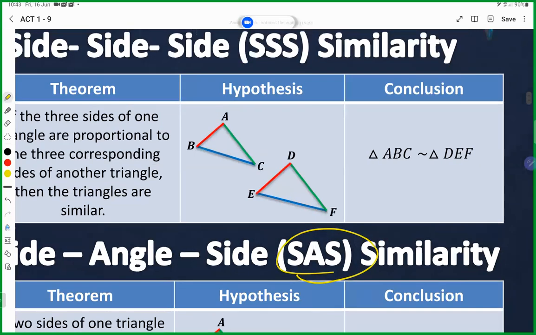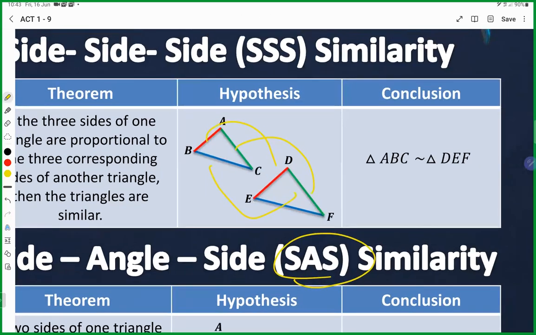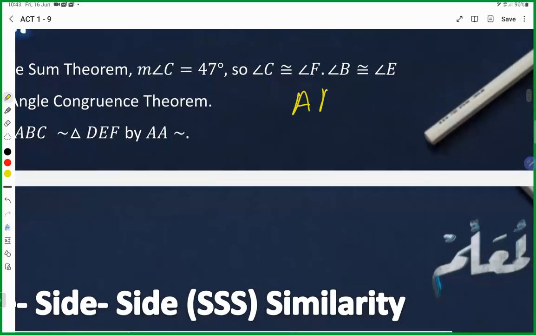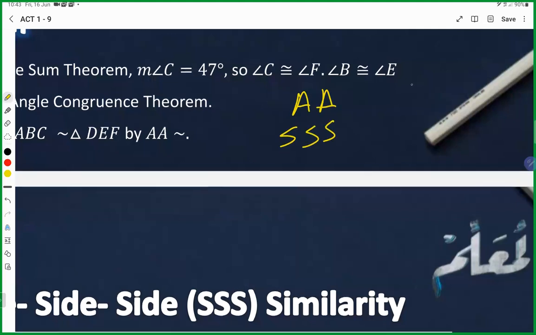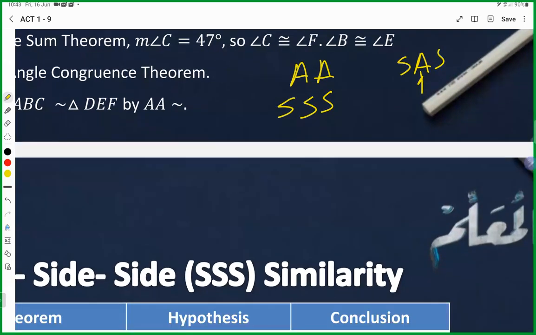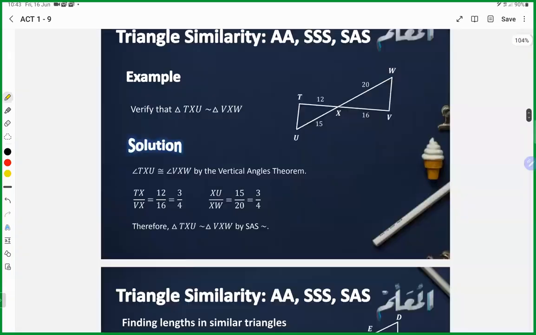If we have three sides with the same ratio, we can say side, side, side. So in the similarity chapter, we have angle, angle; side, side, side; and side, angle, side. This is in brief.